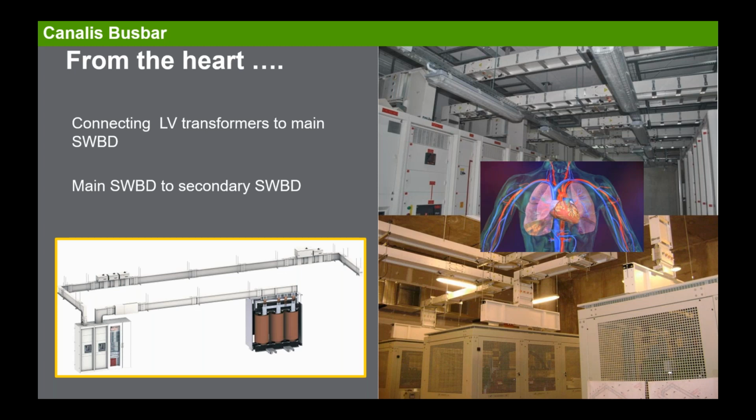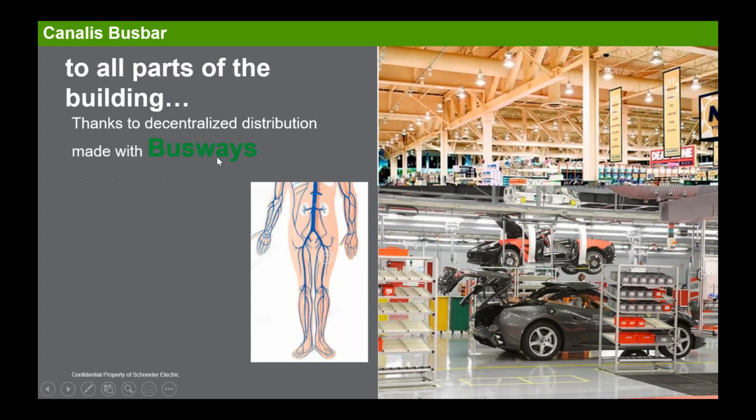And we say from the heart because, as I mentioned earlier, we can connect the low voltage side of a transformer through this busbar, the Canalis offer, to a switchboard instead of cables. And from the main switchboard, again, we can distribute electrical power to another or secondary switchboard, again through the busbar. This gives more convenience and safety in distributing the electrical power. That's why we say from the heart to all parts of the building.